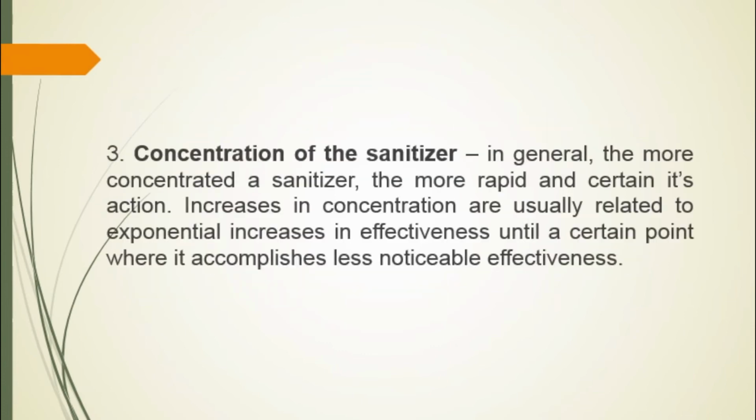Concentration of the sanitizer: in general, the more concentrated a sanitizer, the more rapid and certain its action. Increases in concentration are usually related to exponential increases in effectiveness until a certain point where it accomplishes less noticeable effectiveness.